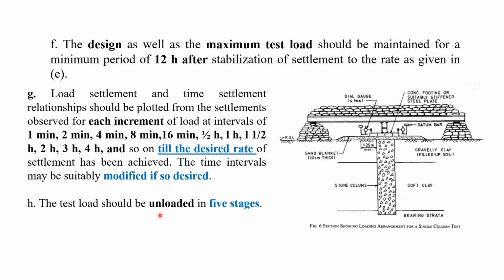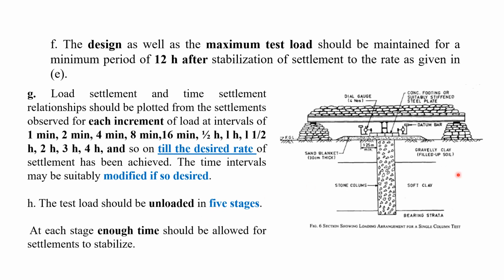The test should be unloaded in 5 stages. Once we have completed the loading on these stone columns, and we have measured the load settlement data in tabular form, then we have to start unloading in 5 stages.